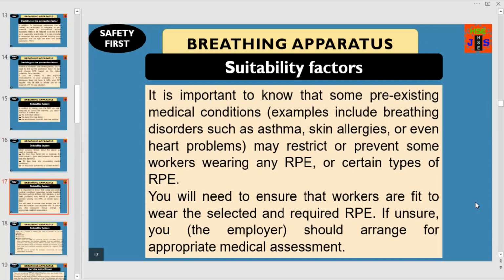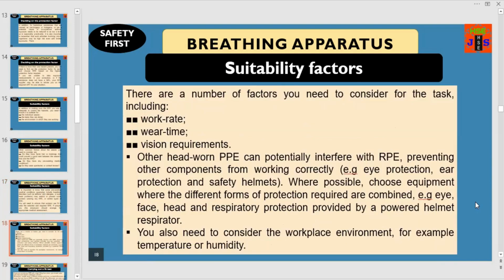You will need to ensure that workers are fit to wear the selected and required respiratory protective equipment. If unsure, the employer should arrange for appropriate medical assessment. It is mandatory.